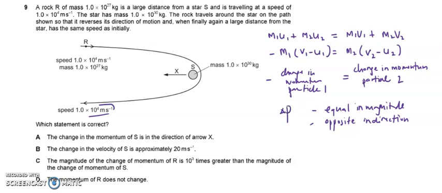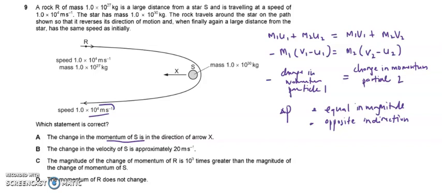The change in momentum for one particle is always equal in magnitude but opposite in direction to the change in momentum of the other particle. Here they mention the change in momentum of S.